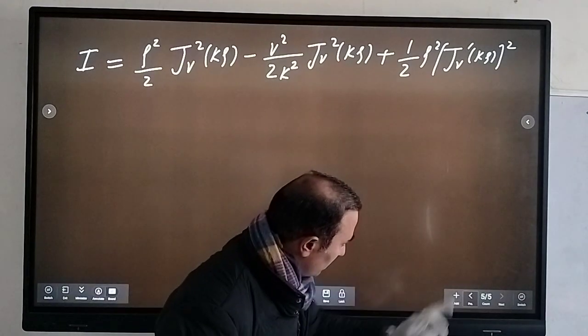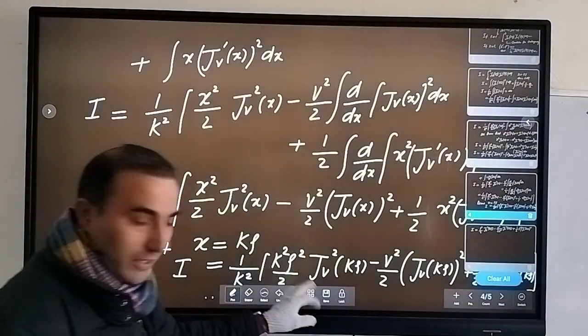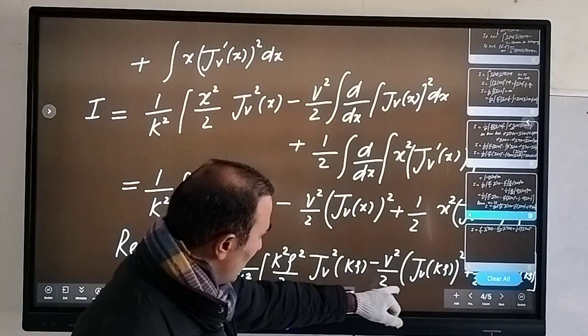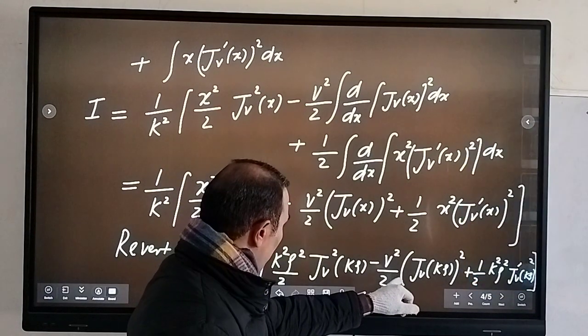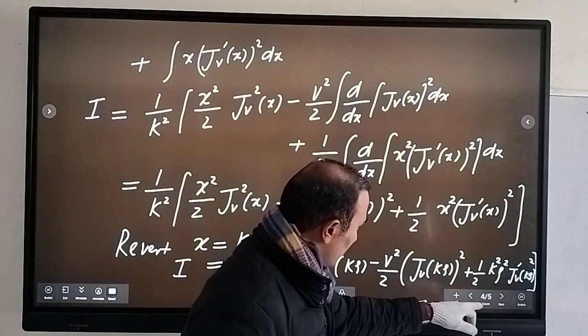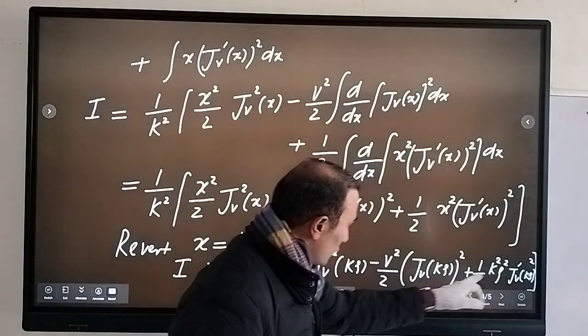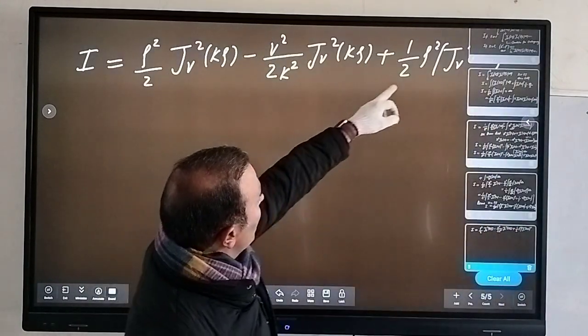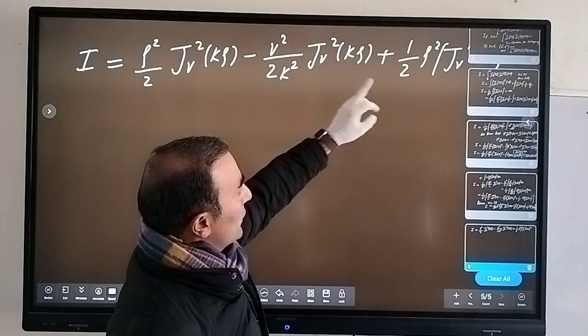Because you just check this. जरा इसको चेक हम करेंगे, because this k square will cancel, ये बन जाएगा rho square by 2 this term, then again that this is v square by 2k square, so this is second term, and then this k square will cancel, it will be rho square by 2. So this is what I wrote here, rho square by 2, and this v square by 2k square, right?